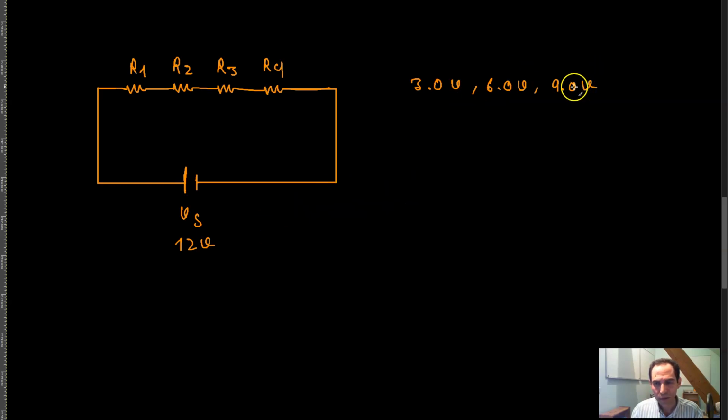So let's make this power supply, for example, 24 volts. Now if we get these voltages, 9 plus 9 is equal to 18, and the rest of the voltage would be on R4.